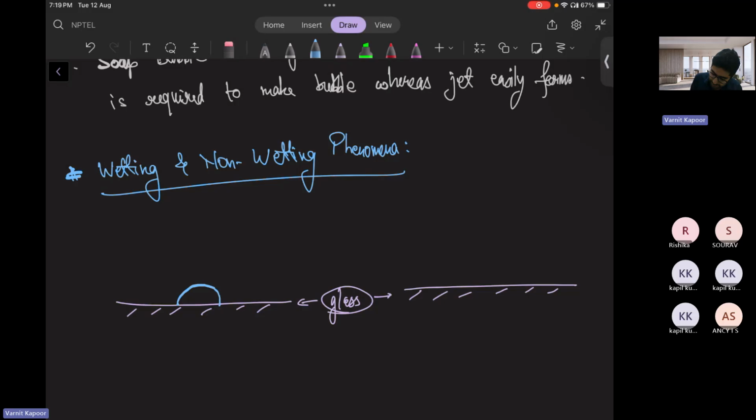It will wet the surface. Whereas if you have a mercury drop, it will not wet the surface. It will be suspended like this. So this is a water scenario, and this is a mercury scenario.